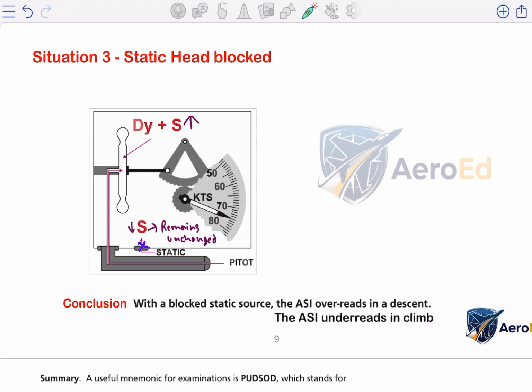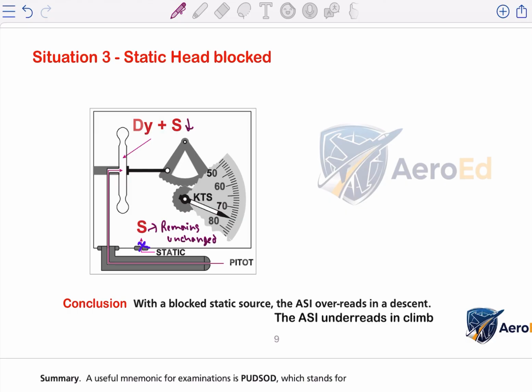So let's understand the next, when the aircraft climbs. When the aircraft climbs, the static pressure inside the capsule decreases, but comparatively the static pressure in the instrument case remains unchanged, right?